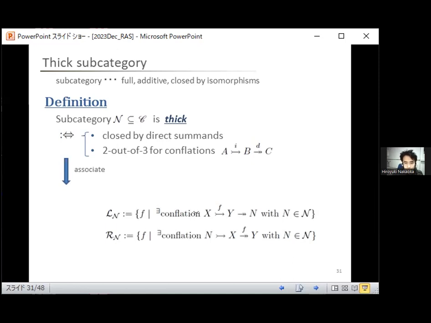And for a thick subcategory N, we associate the following classes of morphisms L and R. L consists of inflations whose cone is in N, and R consists of morphisms which are deflations whose cocones are in N. So these morphisms should become isomorphisms, we hope.